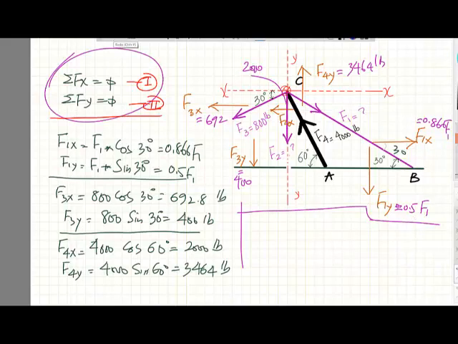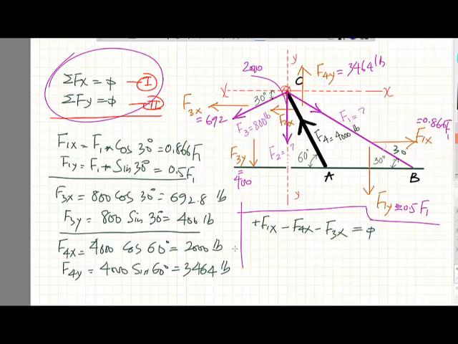So to apply these equations, for all forces in the x direction, as we suggested, because that will give you an equation that has only one unknown. For x we'll take plus F1x, minus F4x, and minus F3x, and these are the only three forces in the x direction, equal to 0.